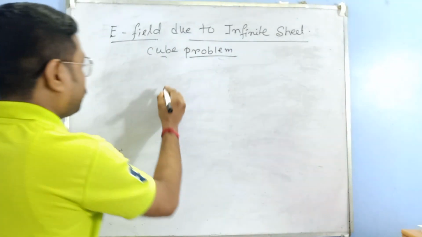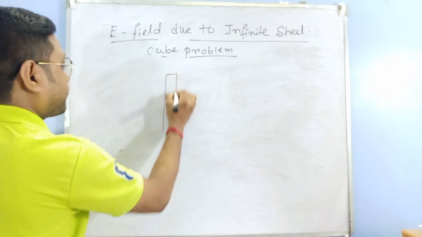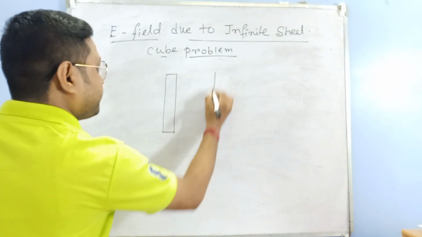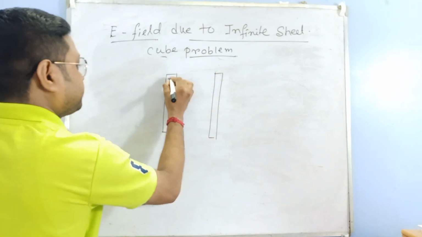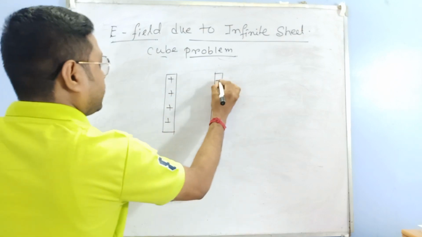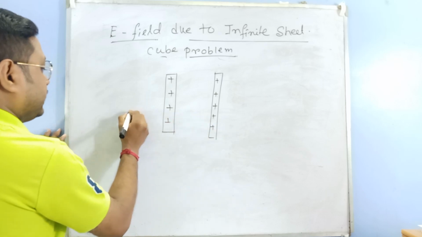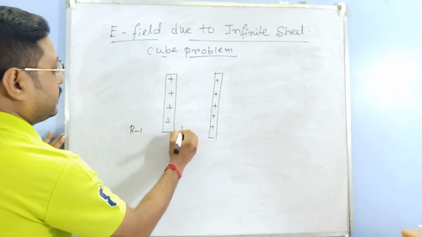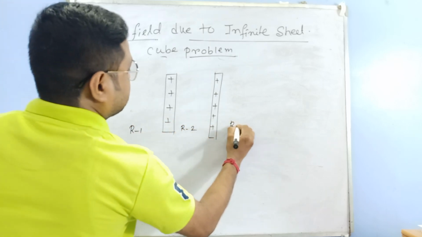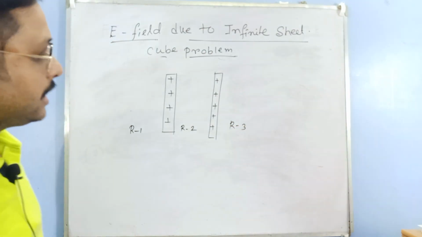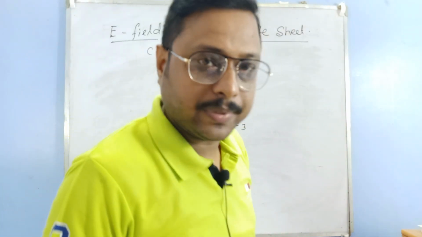Okay. Next we go with a similar concept of infinite sheets. Suppose 2 infinite sheets are kept parallel to each other. Then if we divide the space into region 1, region 2 and region 3, what will be the net electric field?